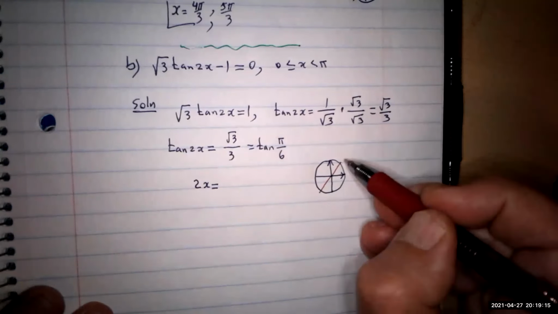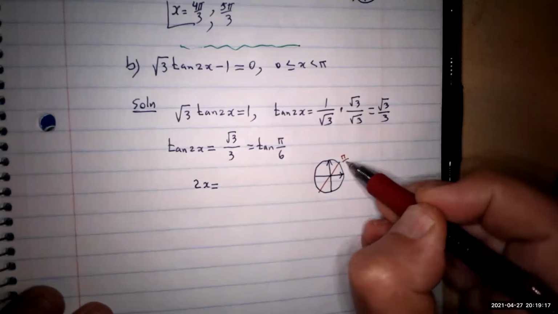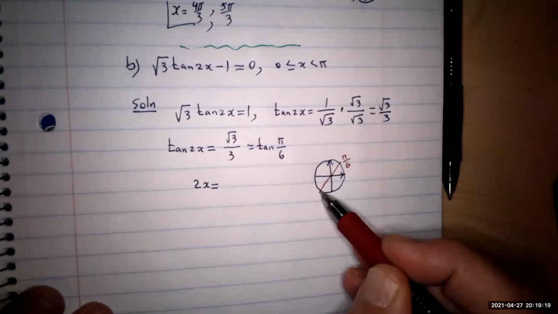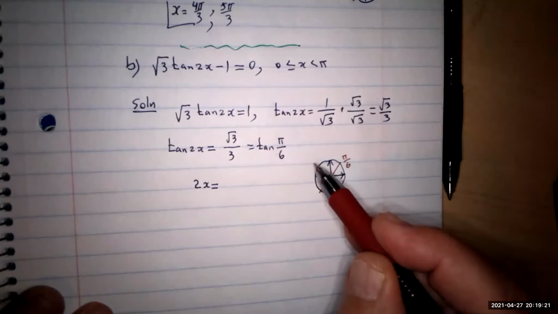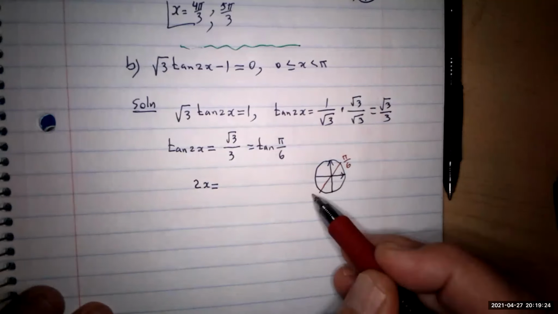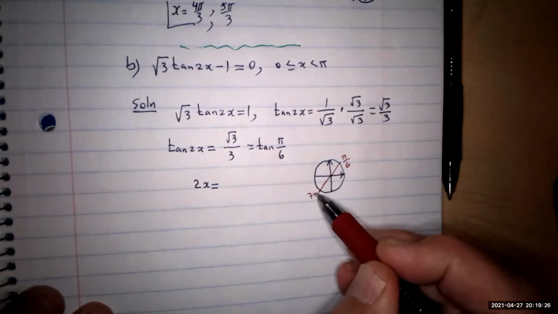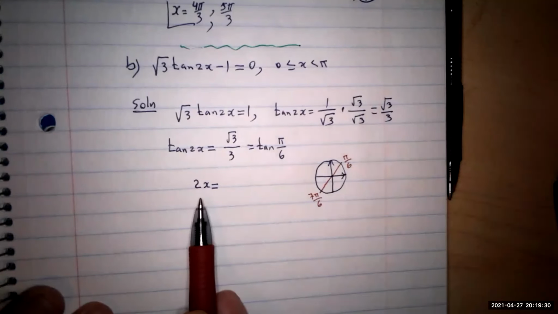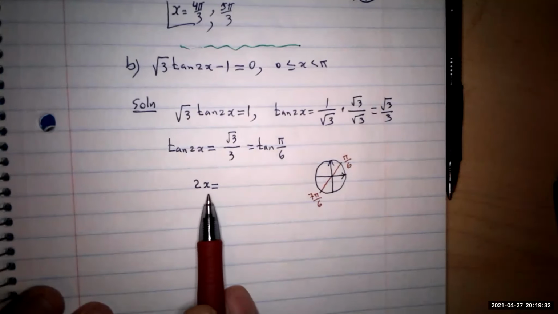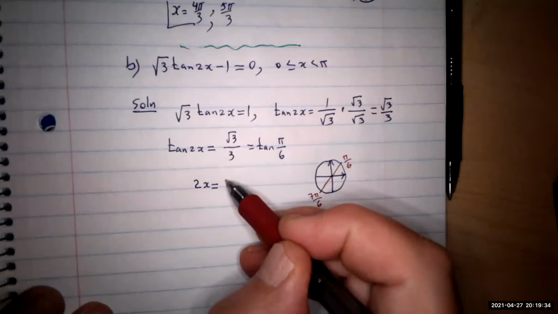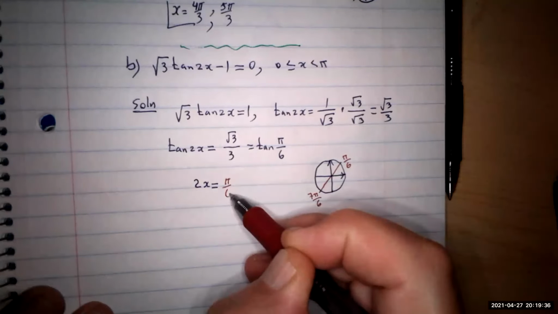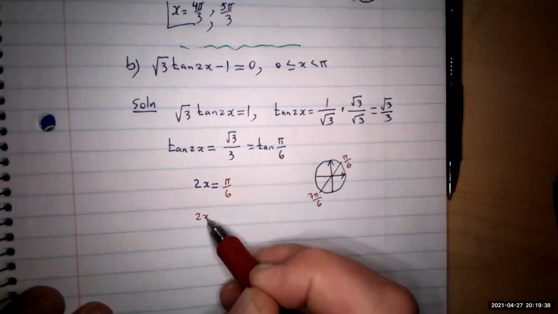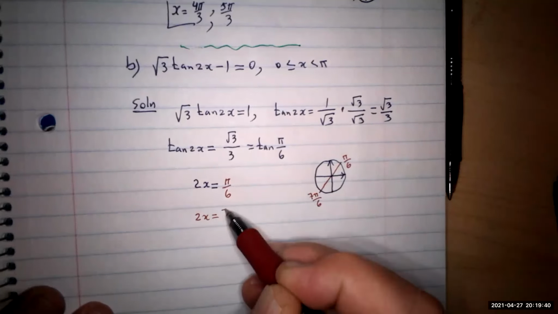So when you are here, this is going to be pi/6, 30 degrees, and here, 180 plus 30 is 210, 7 pi/6. So we get 2x equal to pi/6 in one case, and 2x equal to 7 pi/6.